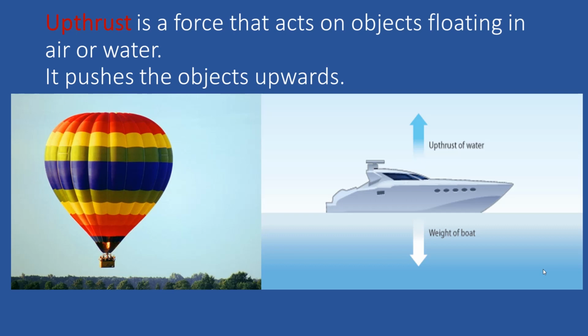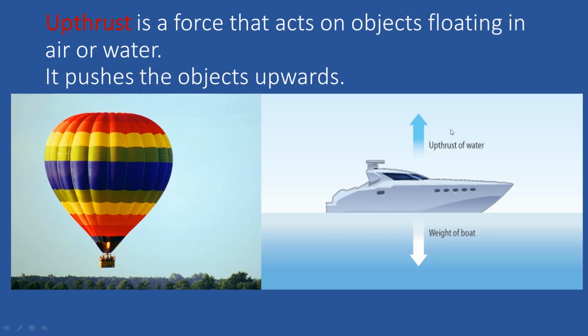Okay. Now, what is the upthrust? The upthrust is a force that acts on an object floating in air or water. So if we have an object floating on water, for example, a liquid, which is a kind of fluid, this boat undergoes two forces: the weight of the boat, which is the force of gravity, and the upthrust of water.